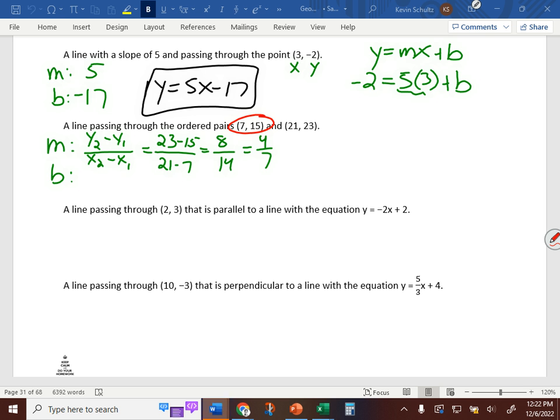And so just like before, we're going to go to slope-intercept form. We're plugging in that 15 for y. We solve for the slope. Our m is 4/7. Our x value is 7. And we're solving for b. Why should we not be afraid of 4/7 times 7, Christopher?